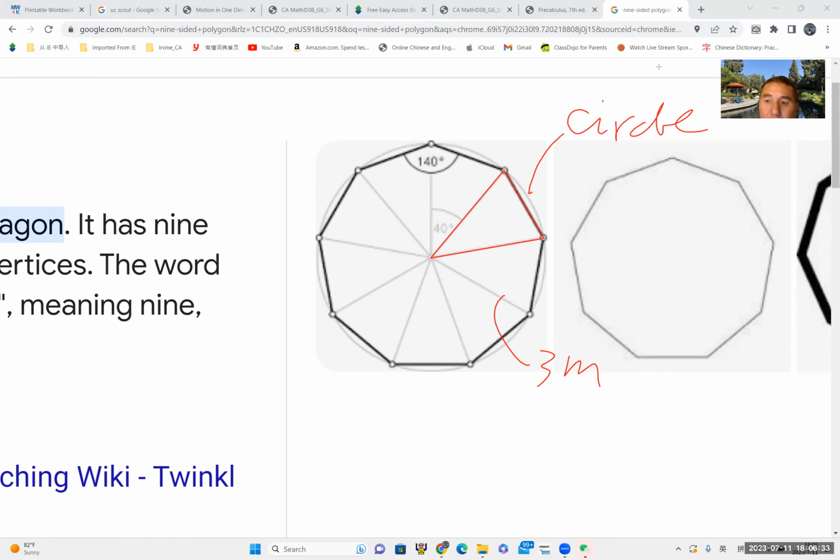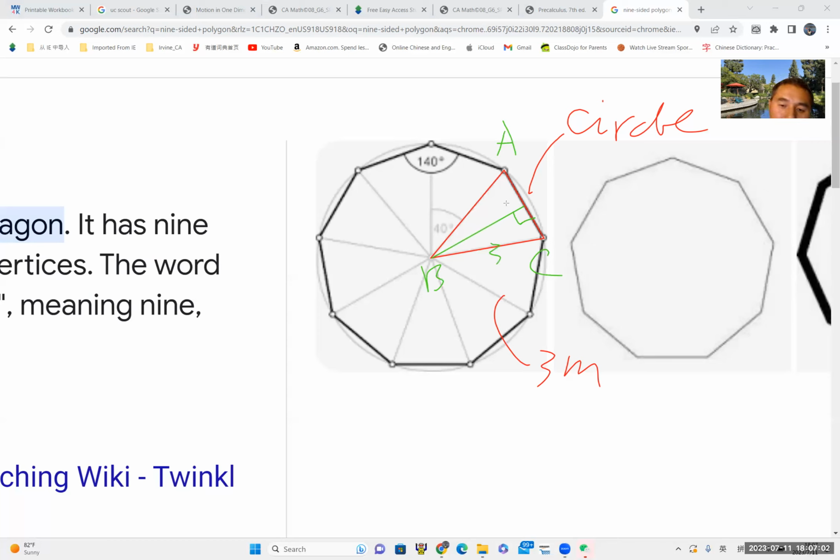If you make the angle bisector, it's also the perpendicular bisector for the base. So let's call it A, B, C. We know this is 3 meter. Let me just write 3 here.